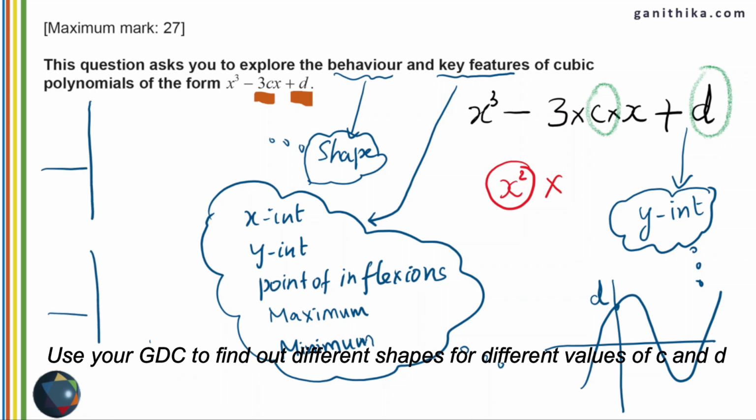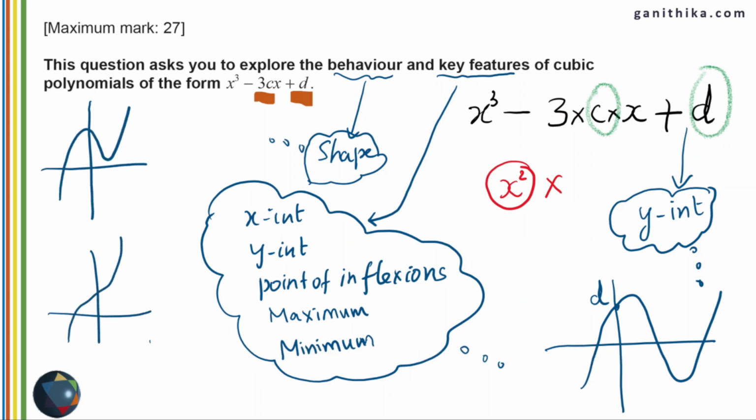But there are also other two possibilities. The curve could be like this or like this. So there are different possibilities of this cubic curve, and you can just collect all the information that you could about this particular statement of this question. So first of all, write down everything that comes to your mind about behavior, key features of cubic polynomials, and also analyze what type of equation is given.